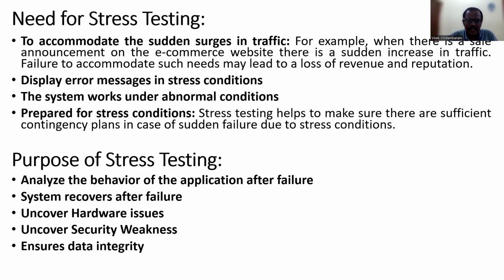It should give an error message that many users are using it at the same time, and the system should work under abnormal conditions too. Whenever more users come, it should be able to work, or otherwise display an error message. That kind of testing will be done under stress testing. And being prepared for stress conditions means having a sufficient contingency plan in case of sudden failure due to stress conditions.